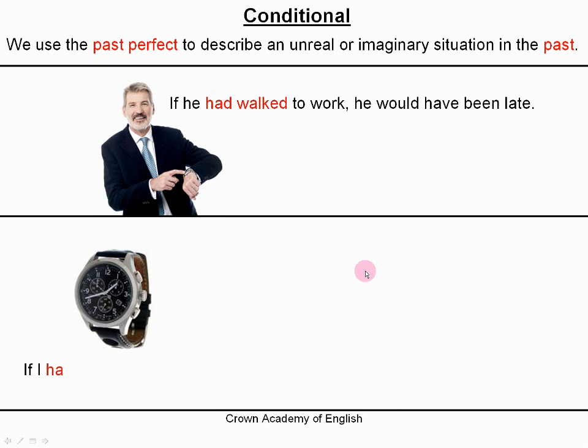Example 2. If I had had more money, I would have bought you a watch. Okay, so again, an imaginary situation. And this is interesting because we can see the word had twice. And remember, the first one here, this is had, an auxiliary verb.